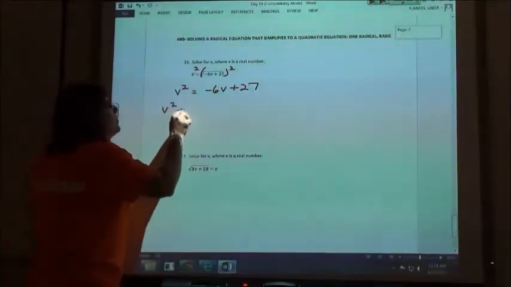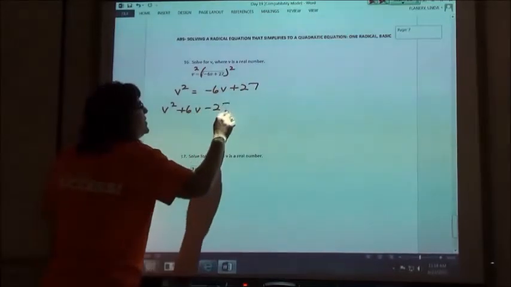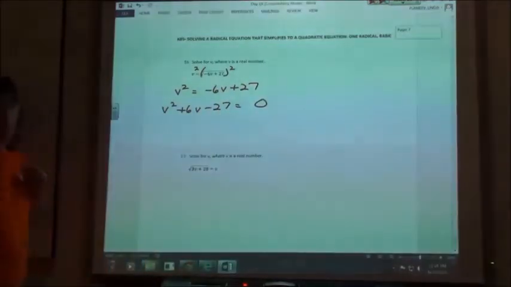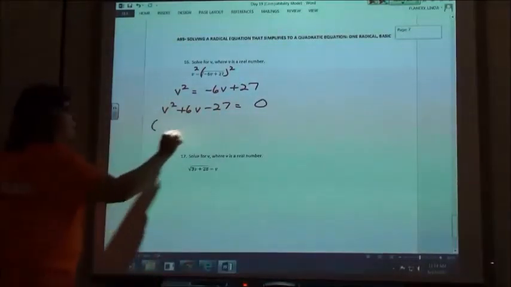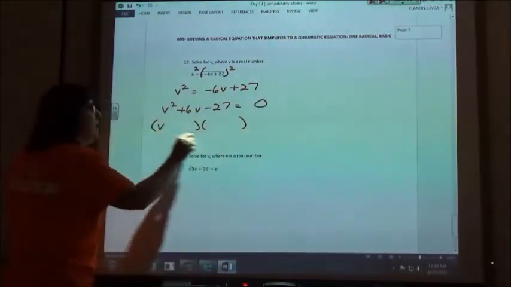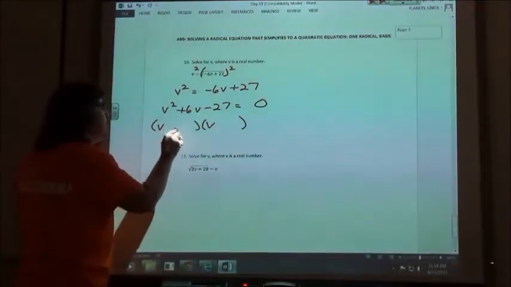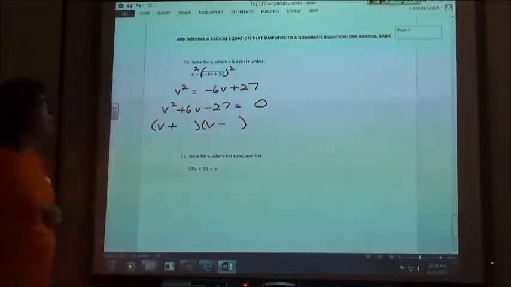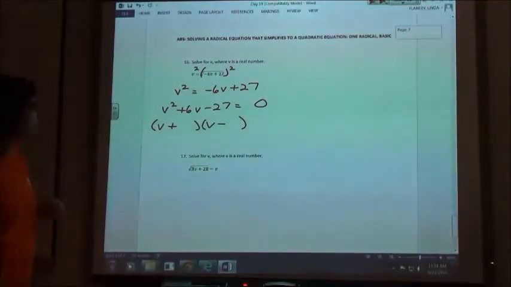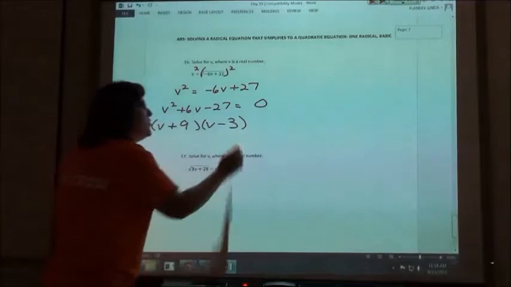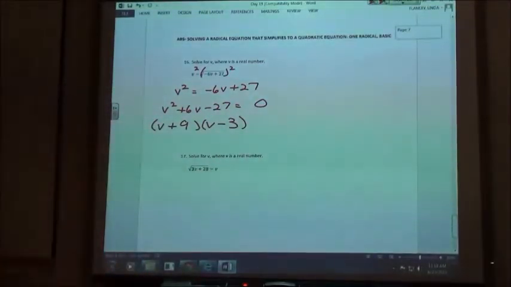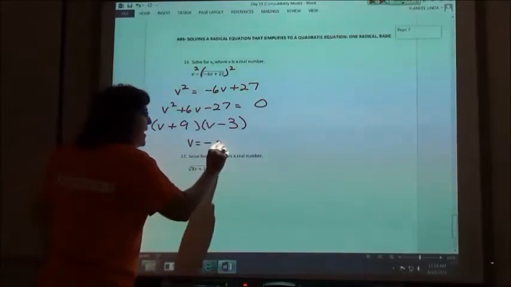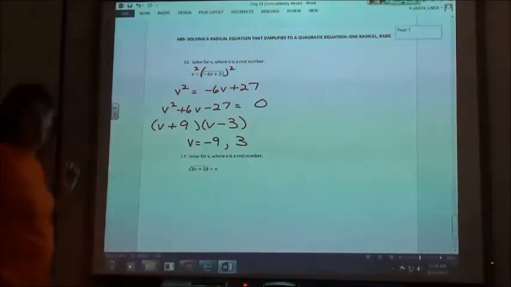So v squared plus 6v minus 27 is going to equal 0. Factoring v and v, the end is negative, so a plus and a minus. Factors of 27, I want a positive 6, so a plus 9 and a minus 3. Which means my two possible answers would be negative 9 or positive 3.